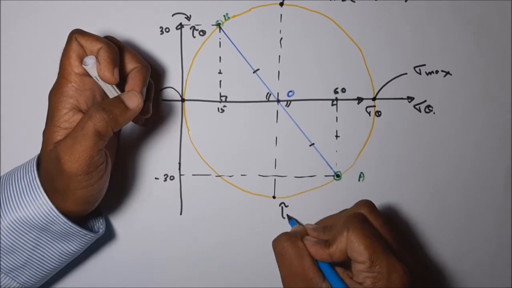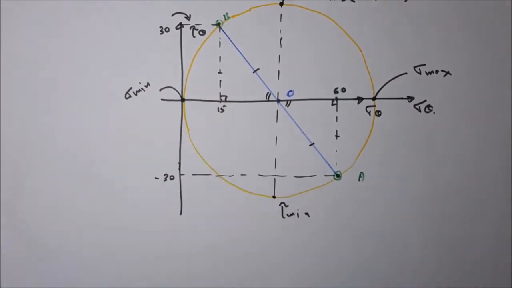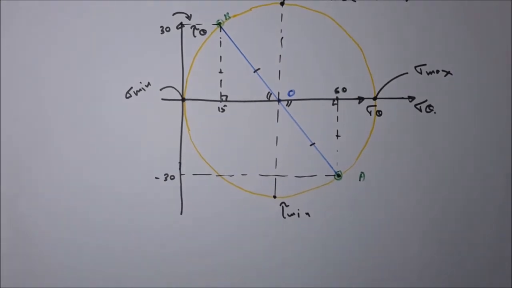Here where tau is minimum. Okay, then let's see how to obtain these unknowns.